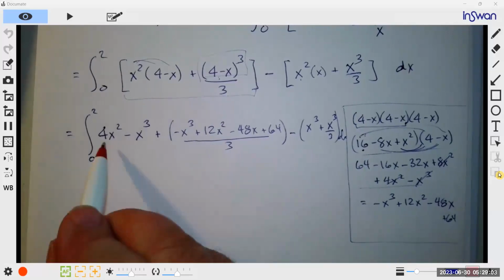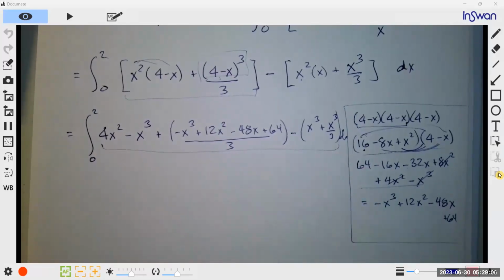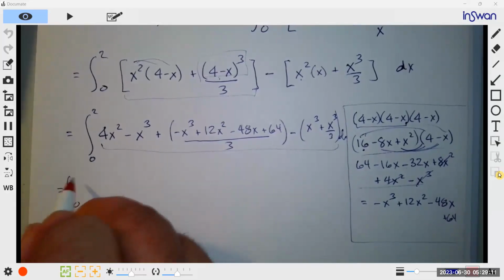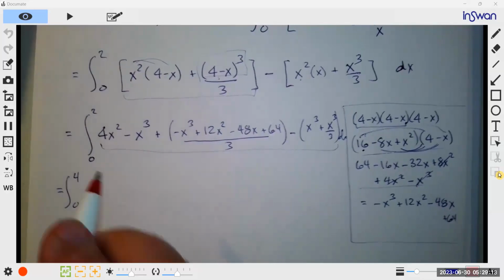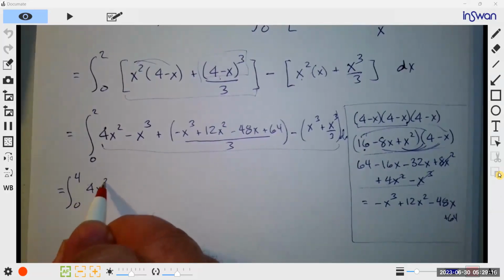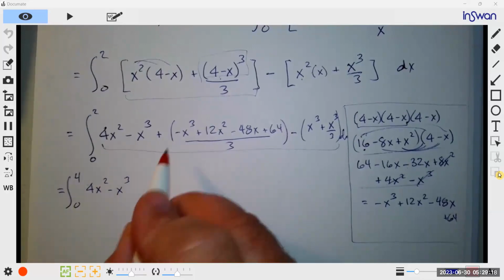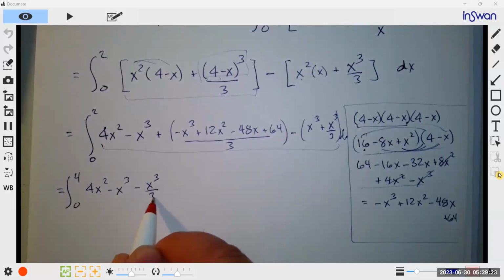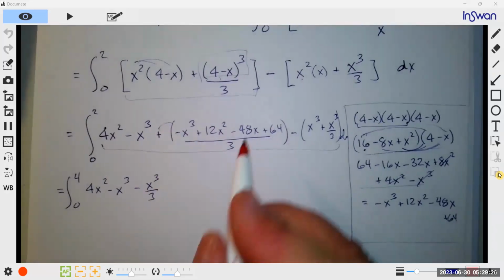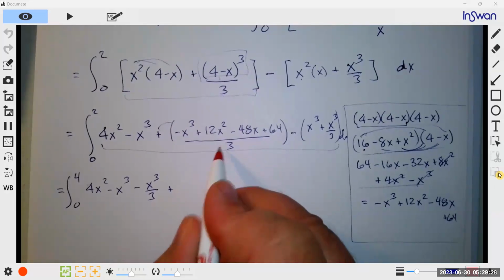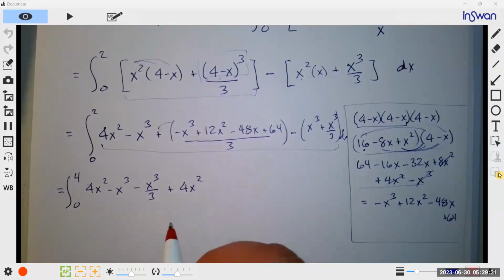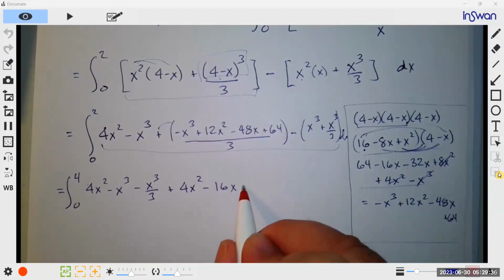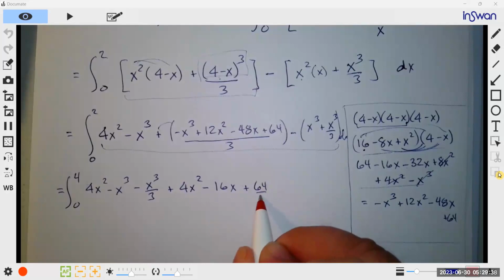It's the cleanup time now. We have to clean out all this stuff here. Four x squared, but x cubed minus x cubed over 3, plus 4x squared minus 16x plus 64 over 3.